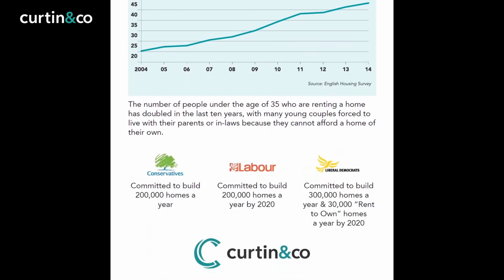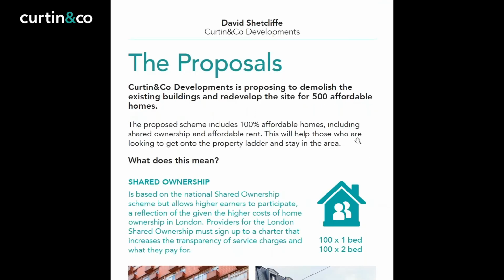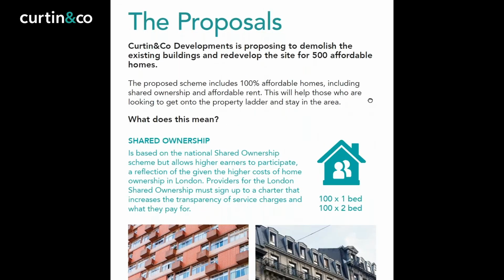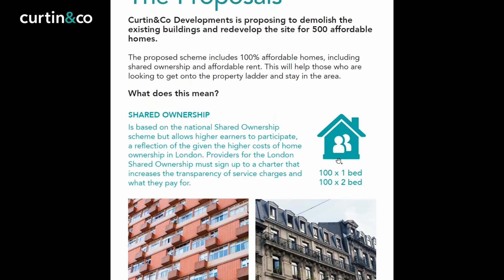And as we all know, all of the main political parties encourage development, and we feel our site is a good site. So the proposal itself is to demolish the existing buildings and redevelop the site into 500 affordable homes. Affordable means a lot of things to lots of different people, and I'll explain that shortly. So this scheme is divided up into shared ownership, where, as you can see, 200 units will consist of 1 and 2 beds.